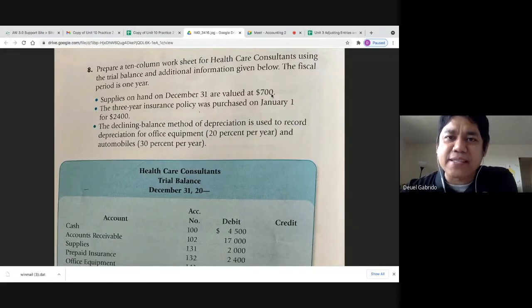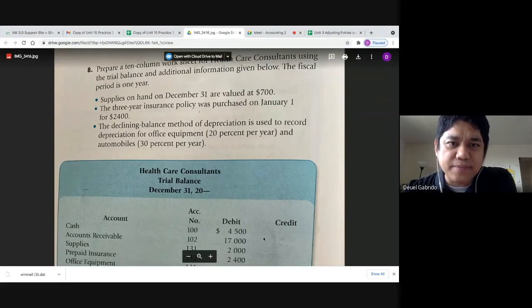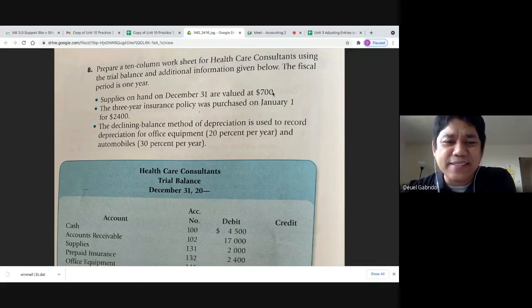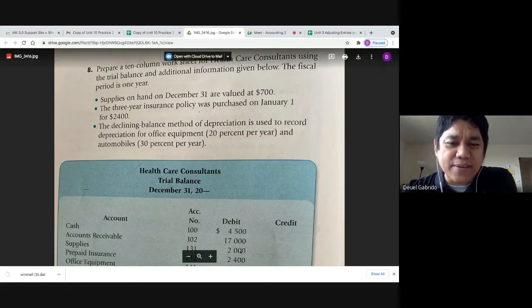If I ask you how much was used, originally we have 2,000 supplies, but at the end of the year, it became 700 only. That was 1,300. How did you do that, Anas? 2,000 minus 700, and that's the amount that we used.